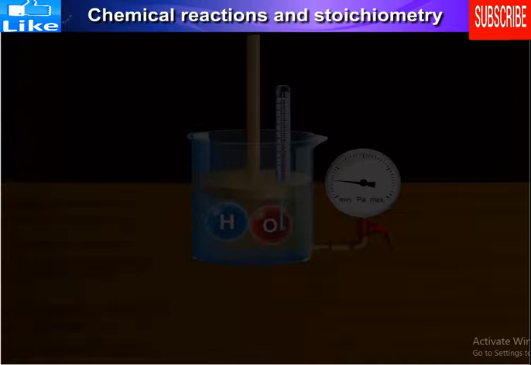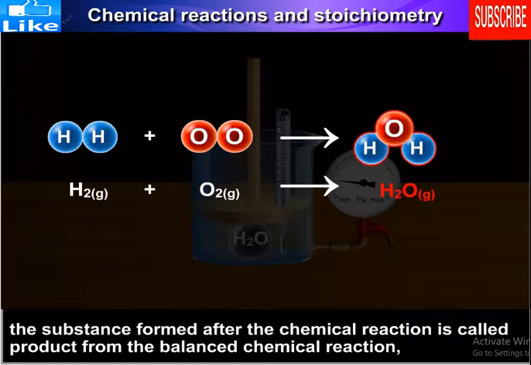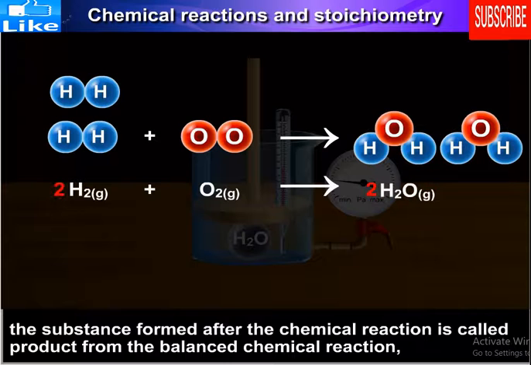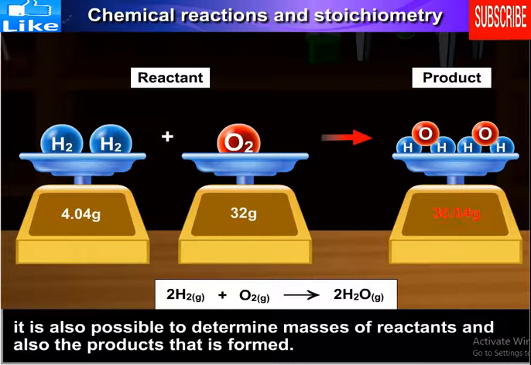The starting material which takes part in a chemical reaction is called a reactant. The substance formed after the chemical reaction is called a product. From the balanced chemical reaction, it is also possible to determine the masses of reactants and also the products that are formed.